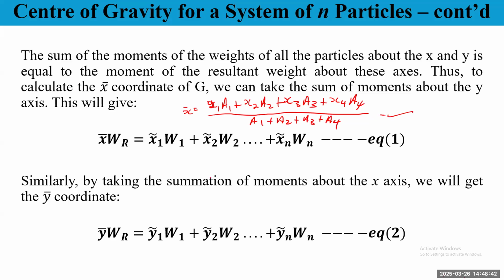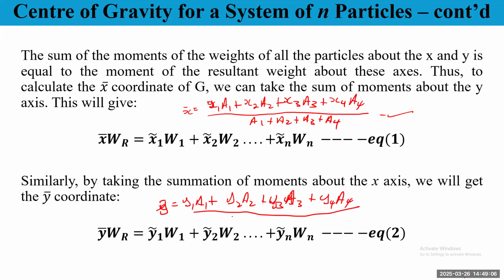And the same thing for Y. So Y bar will be equal to Y1 area 1 plus Y2 area 2 plus Y3 area 3 plus Y4 area 4, all over area 1 plus area 2 plus area 3, right, plus area 4.